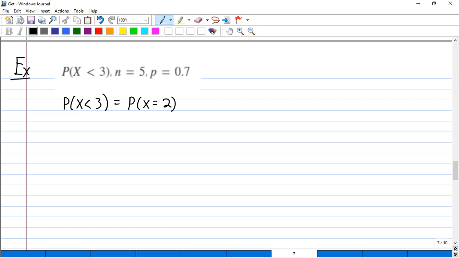I'm going to change one thing on this problem. Y'all bear with me for a second. I'm going to change this to the probability that x is less than 4. So we'll change this to a 4.